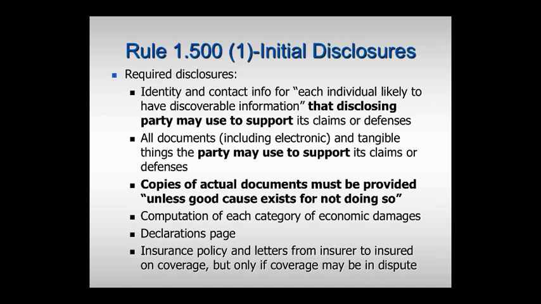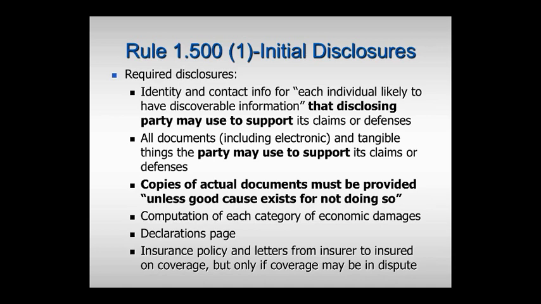Defendants who have insurance have to produce at the initial disclosure stage the declarations page, and if there's coverage in dispute, the policy itself has to be produced and the letters that relate to that dispute and or the coverage have to be produced.